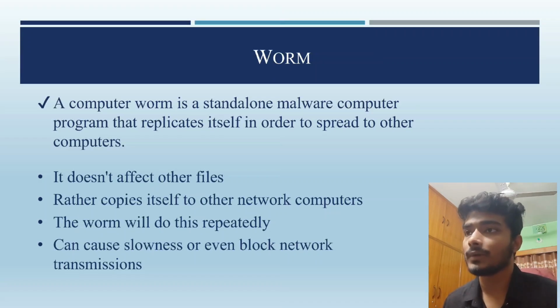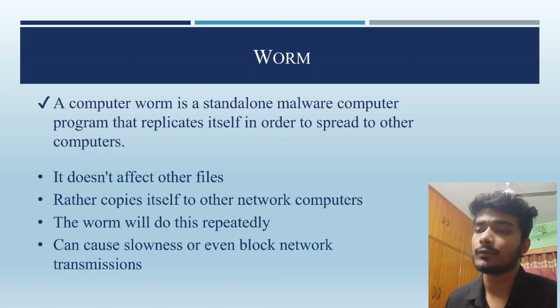Instead, its primary purpose is to copy itself to other computers on a network. It does this repeatedly and automatically, often exploiting security vulnerabilities in the operating system or network software. The main damage from a worm comes from this rapid, uncontrolled replication.